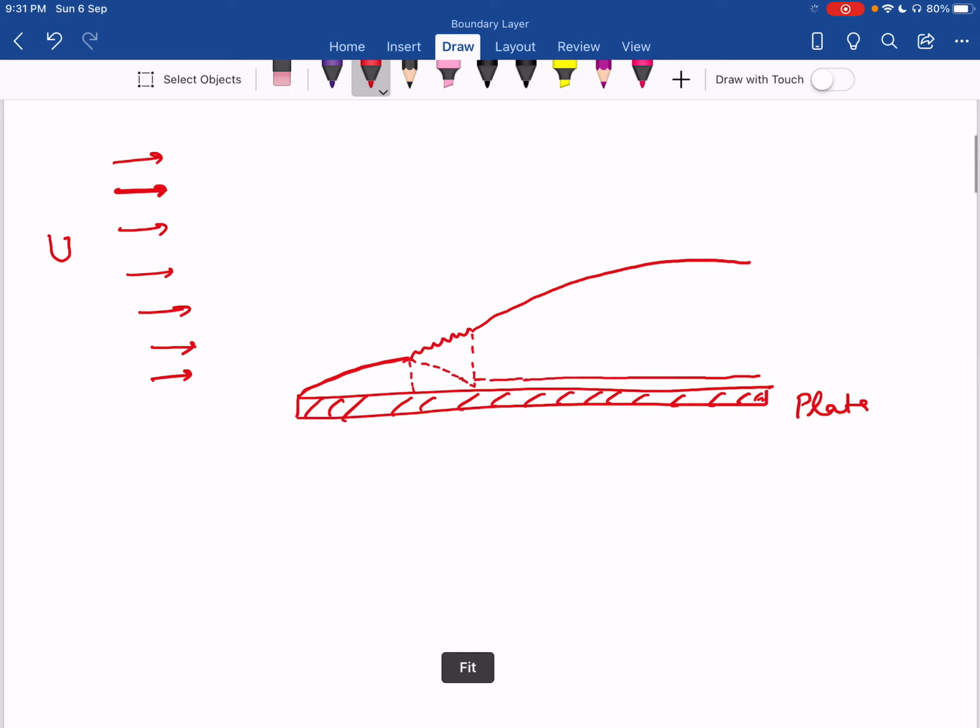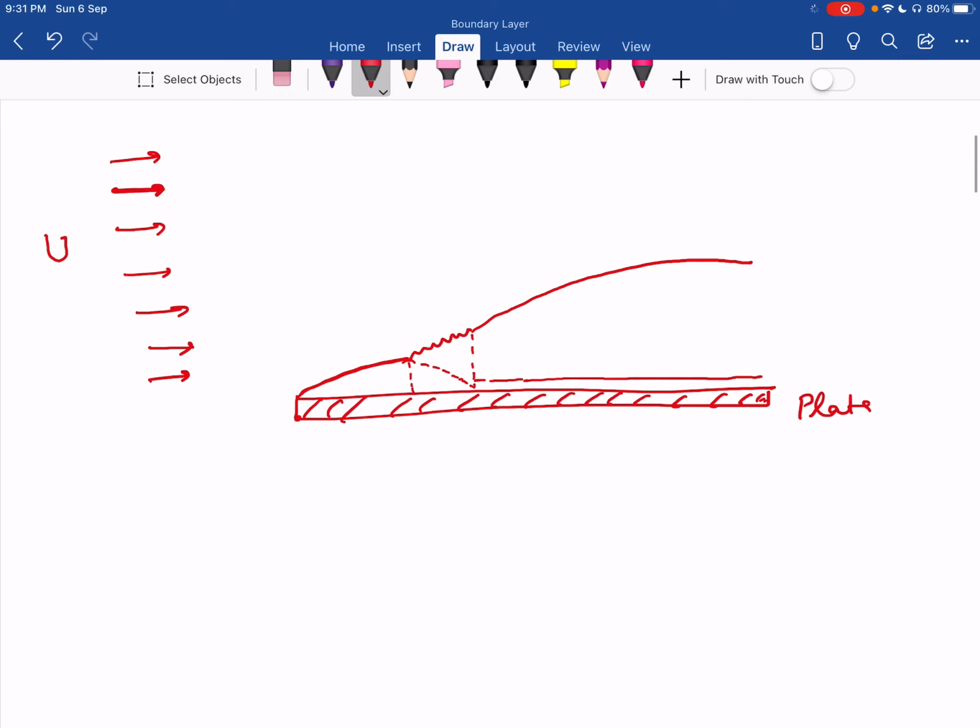So this edge of the plate, that we call the leading edge, and the other end of the plate, that we call the trailing edge. Okay, so this is a flat plate.